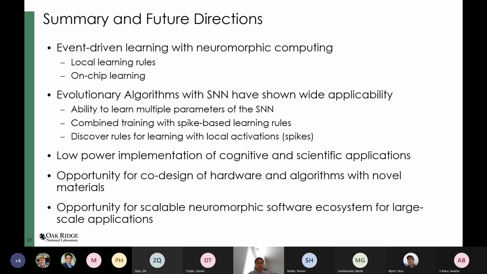And as I mentioned, while we do have a neuromorphic software ecosystem, there is an opportunity for looking at very large scale ecosystems that can implement large scale applications. Can we have a software ecosystem or a simulator that can run seamlessly on different computing platforms, from simple edge hardware to the supercomputer, depending on the scale of the problems we have at hand?